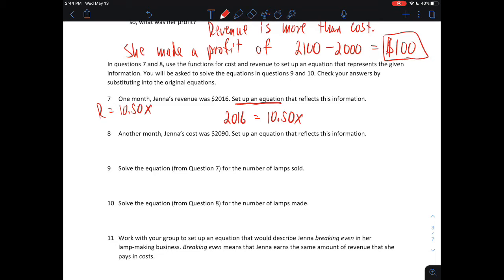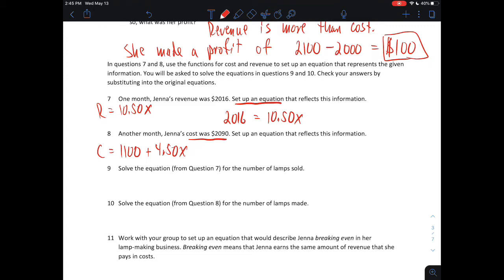Number 8. Another month, Jenna's cost was $2,090. Set up an equation that reflects this information. So here, cost was $2,090. We have a cost equation from before. C is equal to 1100 plus 4.50x.